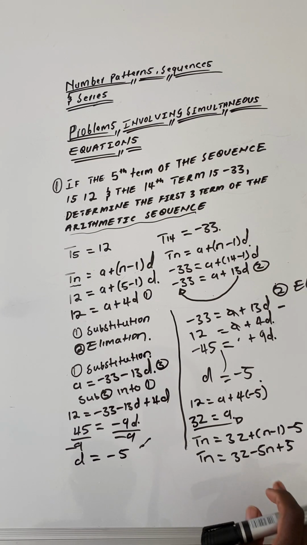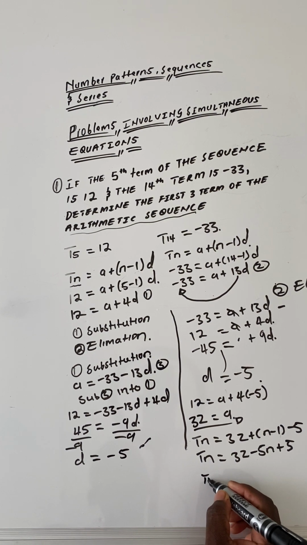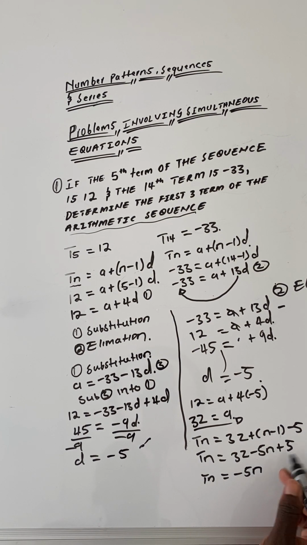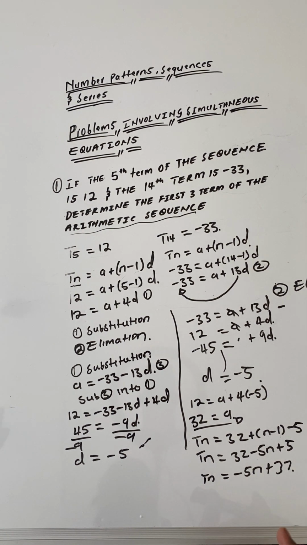So +5 plus 32, that would mean that Tn would actually be equal to -5n plus 37, right?